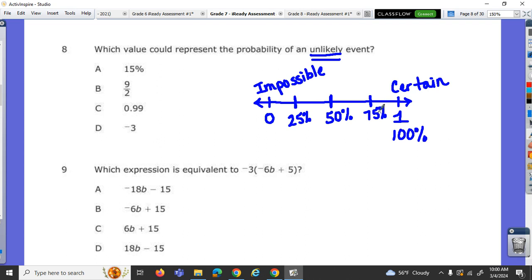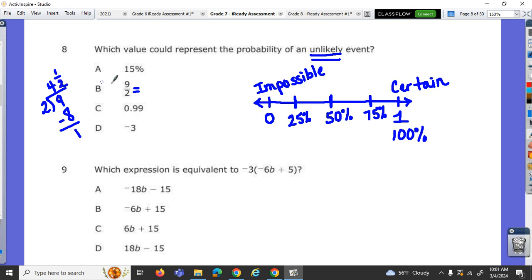So when we look at these values here, we're trying to figure out which one represents unlikely, or could happen, but probably not. So we've got 15% chance, 9 over 2. Okay, that's an improper fraction. 9 over 2, remember, would be the same as 4 and 1/2.